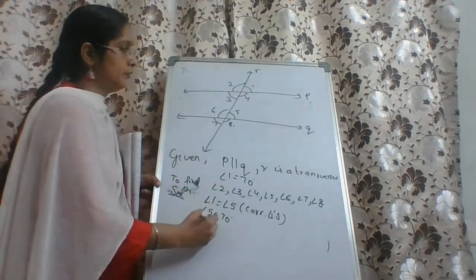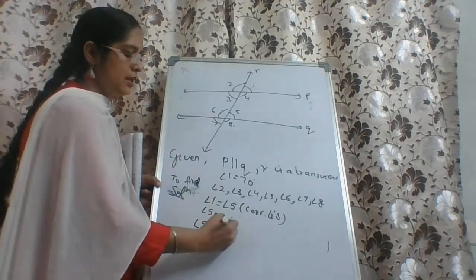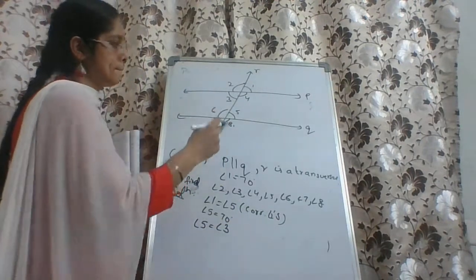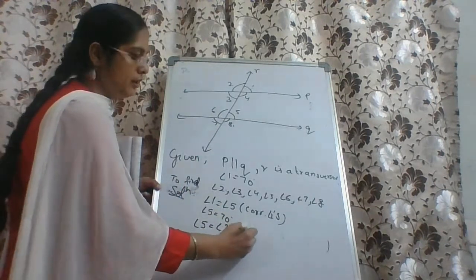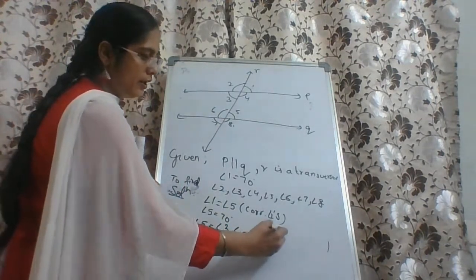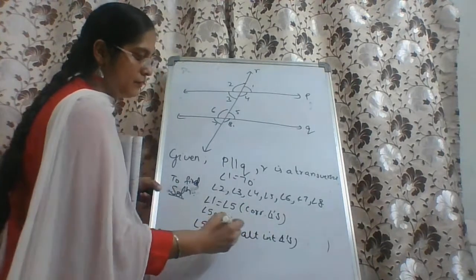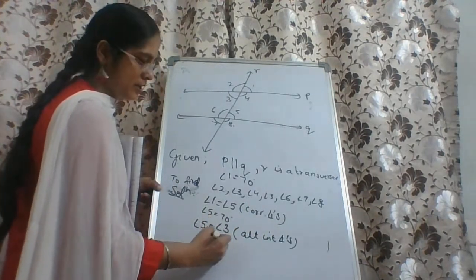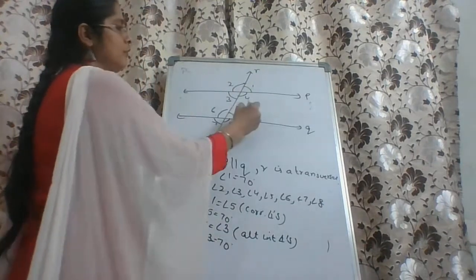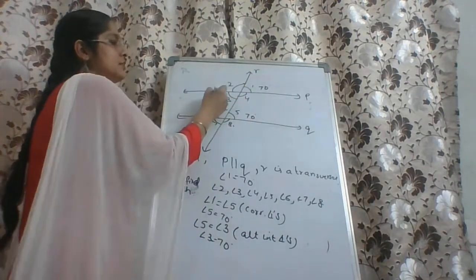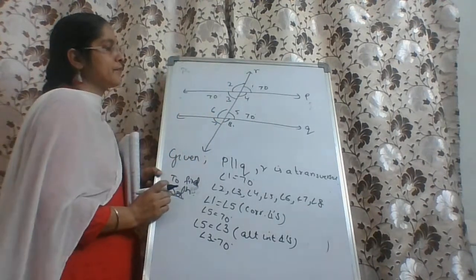Angle 5 is equal to angle 3, alternate interior angles. That means angle 3 is equal to 70 degrees. What we have got? These three angles are 70 degrees.